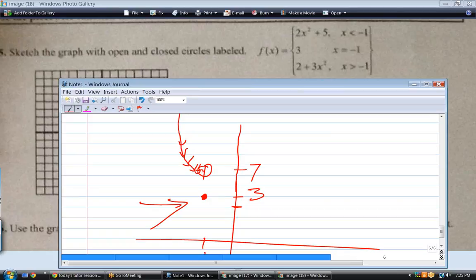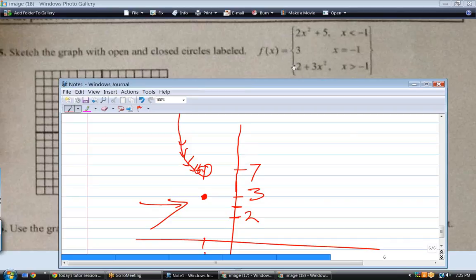What is it to the right of negative 1? This function here is also parabolic, opening up, but going through the point 2. So if I want to know exactly what it's going to be at negative 1, I would plug in negative 1 for x.